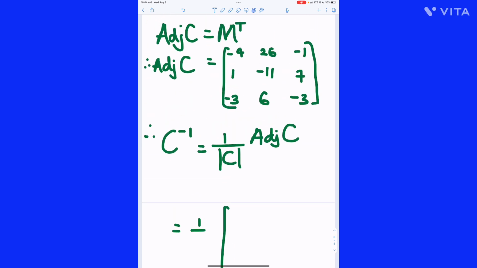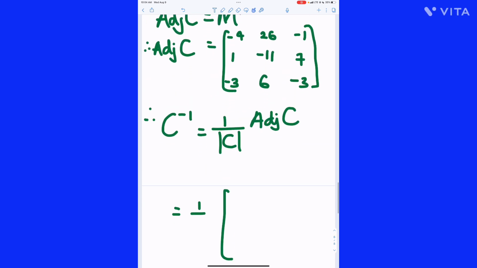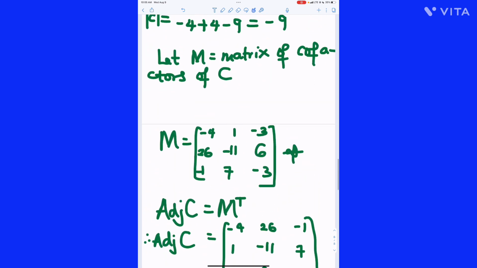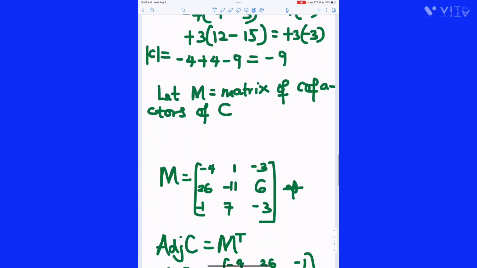My adjoint is minus 4, 26, minus 1, 1, minus 11, 7, minus 3, 6, minus 3. This is the adjoint of C. Okay, let me go up a bit more to pick up its determinant.